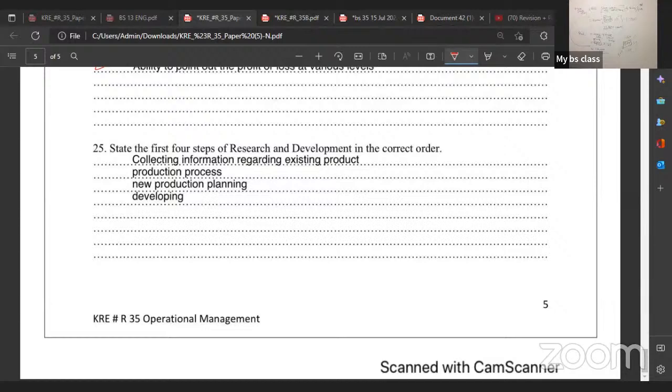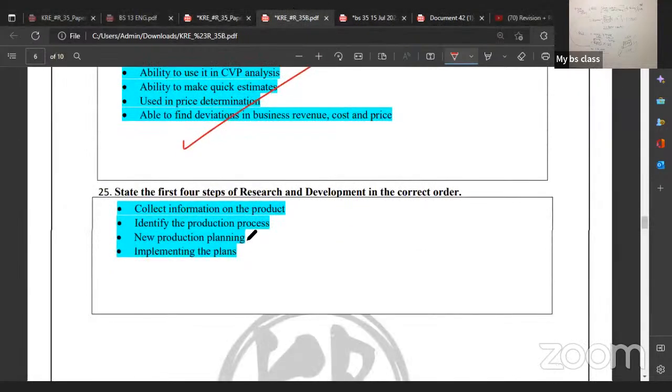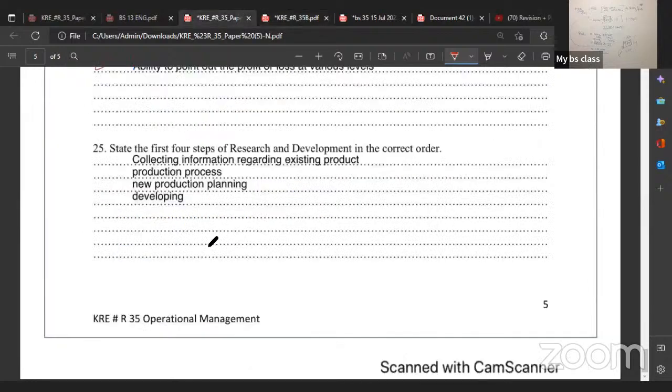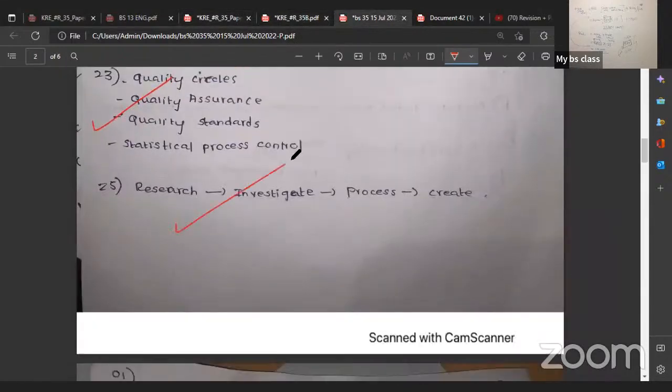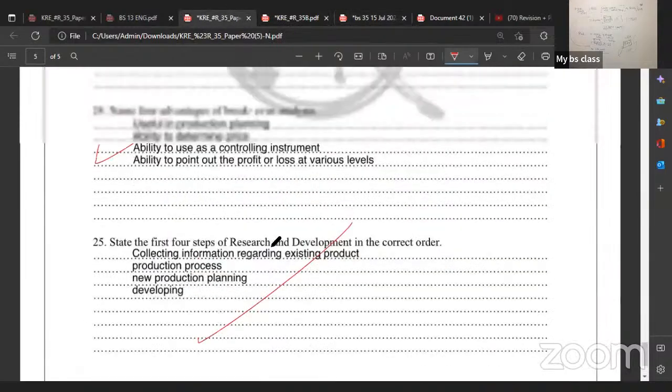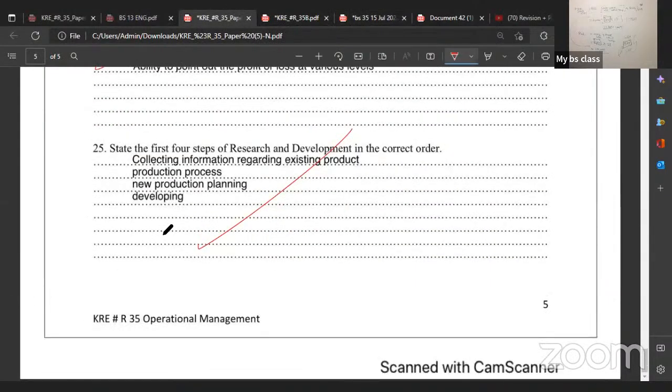Yes, planning in products. Right, so is that all right?